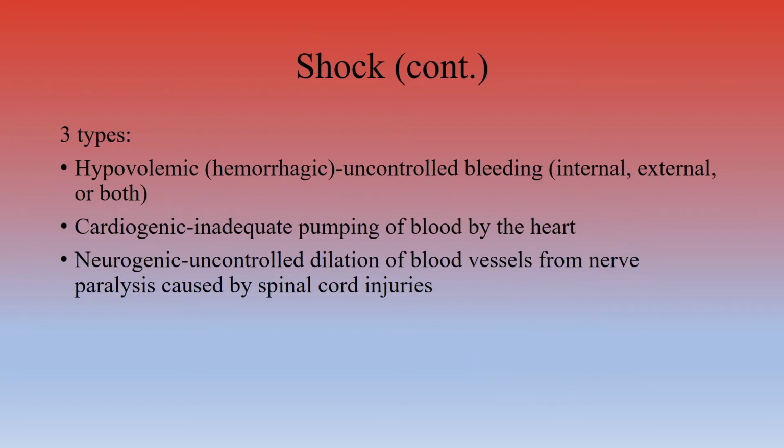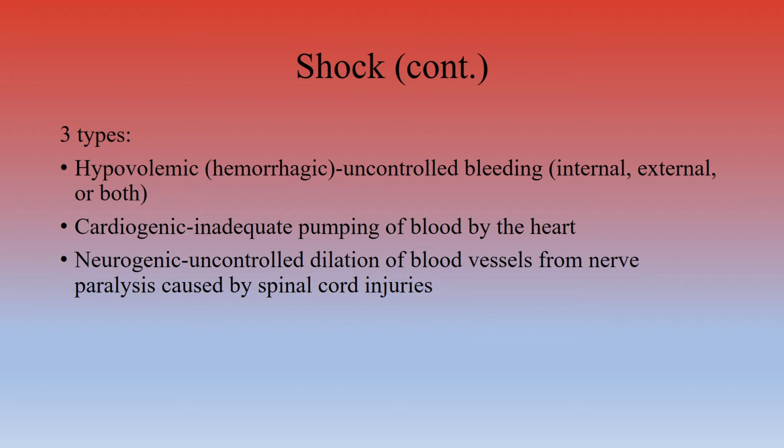There are 3 types of shock. One is hypovolemic or hemorrhagic. It is caused by uncontrolled bleeding, either internally, externally, or both. Cardiogenic shock is the inadequate pumping of blood by the heart, and that can be caused by MI, heart failure. Patients can be in cardiogenic shock with heart problems.